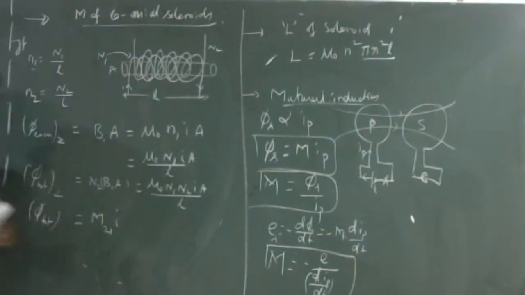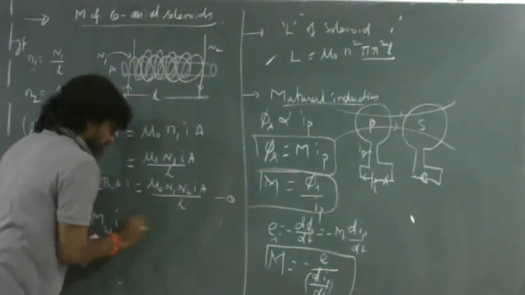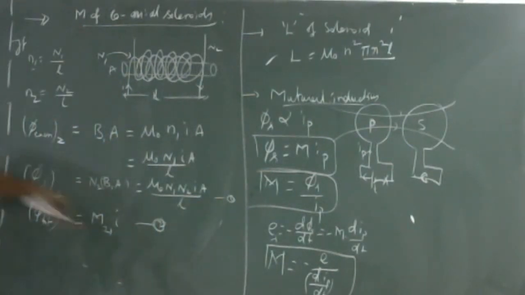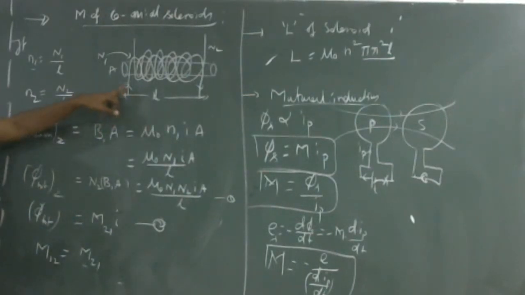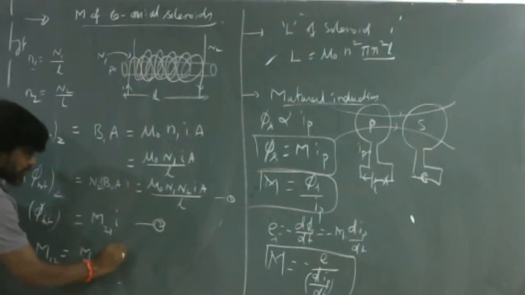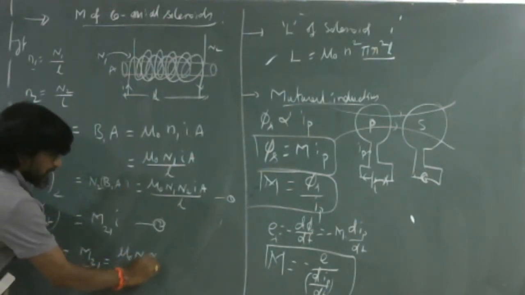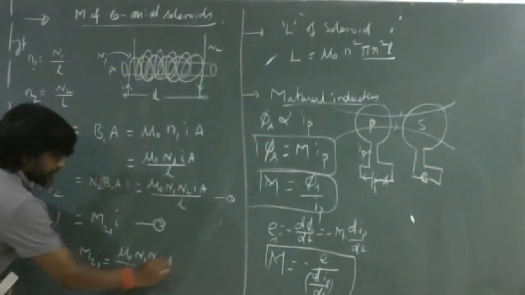If you take this as 1 and this as 2, by comparing we can say M12 equals M21. Even if, instead of sending current in the primary solenoid, it is sent in the secondary solenoid, you get the same result. So this we call the coupling, or the coefficient of mutual inductance, which is equal to mu naught N1 N2 A by l.